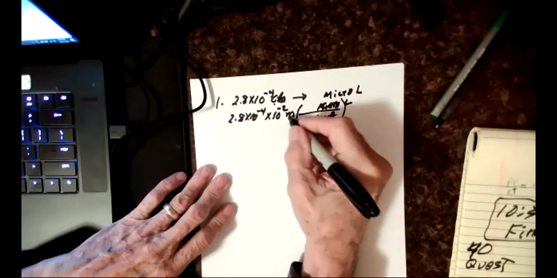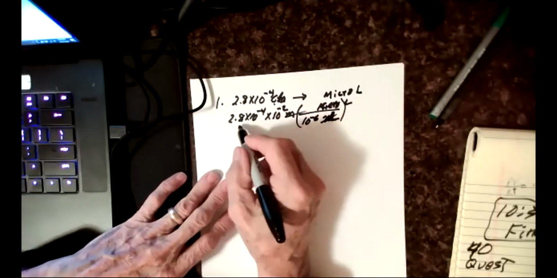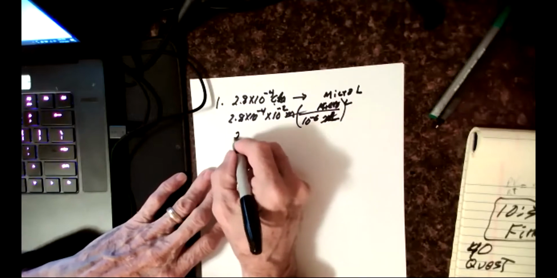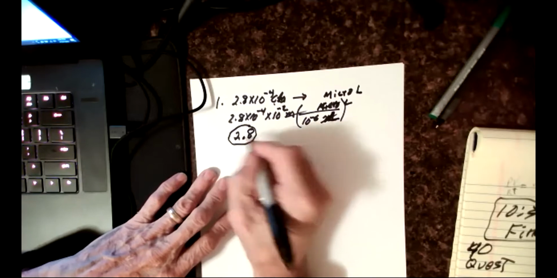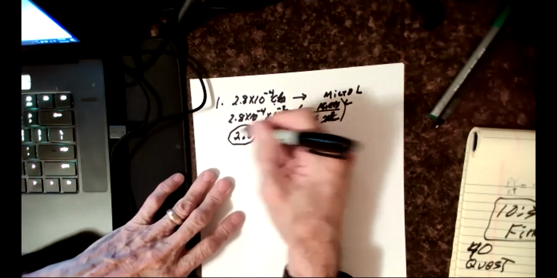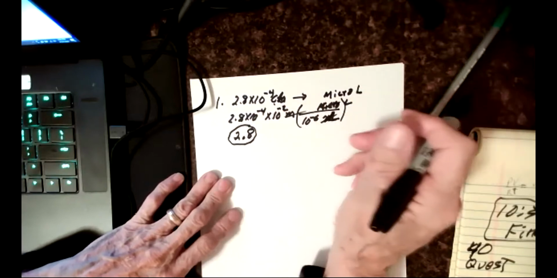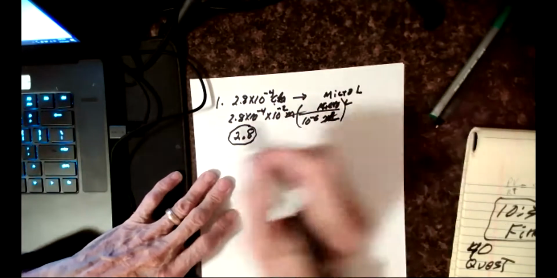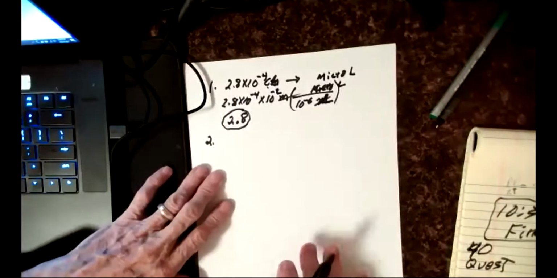So when I do that conversion, 10 to the minus 6 divided by 10 to the minus 6 is just going to be 2.8. Now you see, this will show you also the way we do final exams. Sometimes, if you set this up, you don't actually have to go to the calculator to do anything. You could write that answer down when you get to this stage right here. That's sort of typical of the way final exams are done.